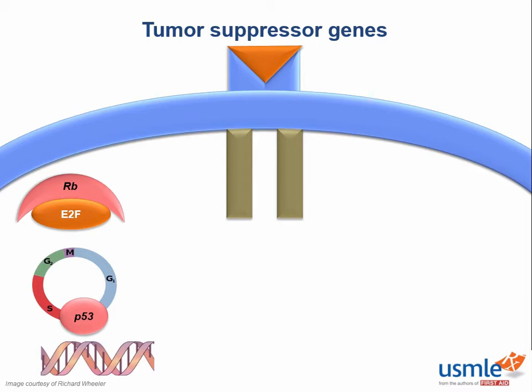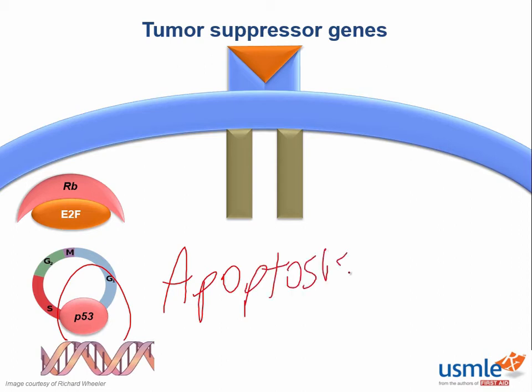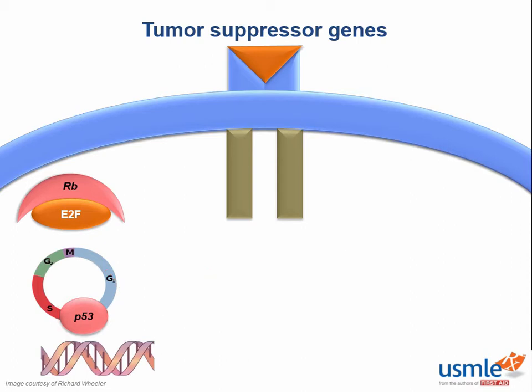Otherwise, if it's unable to repair all the mutations, P53 will induce, well, what kills the cell? When does the cell kill itself? Apoptosis. Through activation of caspase enzymes, cytochrome C from the mitochondria, you have apoptosis taking place.